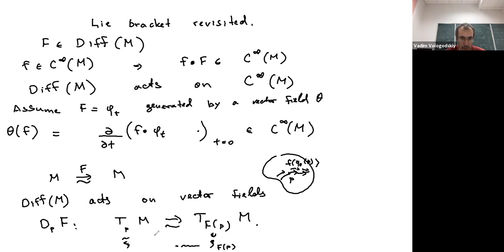I will call it xi tilde of P. So a diffeomorphism gives me an identification between these two tangent spaces. If I now let P vary, starting with a vector field xi, which means that for all points I have a vector in the corresponding tangent space, I can use this to produce a new vector field.